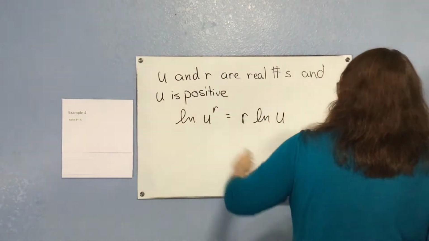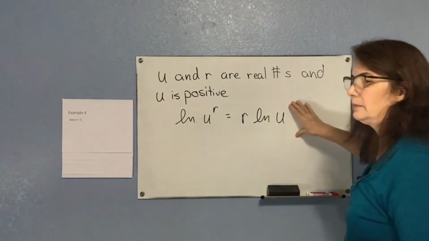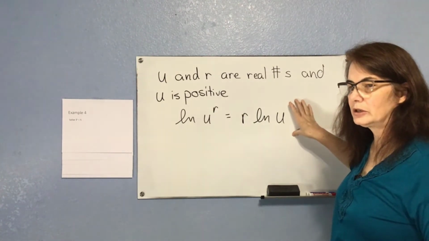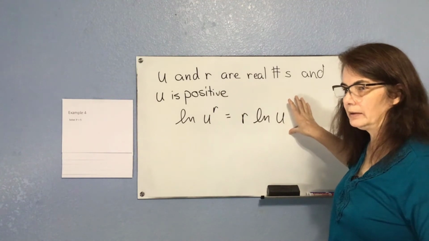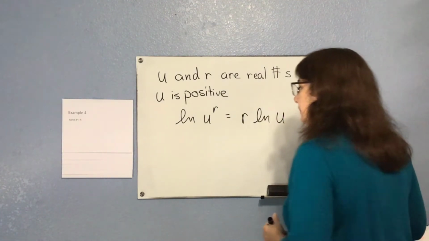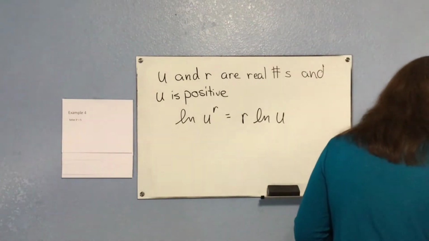This is just our power rule. And although this is written with natural log, I can also work this kind of an equation with common log, base 10, or any other base if I want to. So let's see how this could help us.